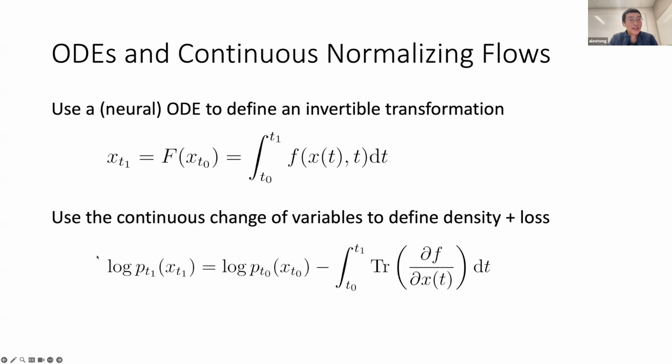In particular, we can have a form for the log probability at time 1 if we have the density of that point at time 0, and we look at the integral of the trace of the Jacobian over time. And so this is hard in two ways because you need to find the corresponding points, right? From time 1, you integrate to time 0, and you also need to figure out the derivative, this trace term, which is quite expensive, especially in high dimensions.